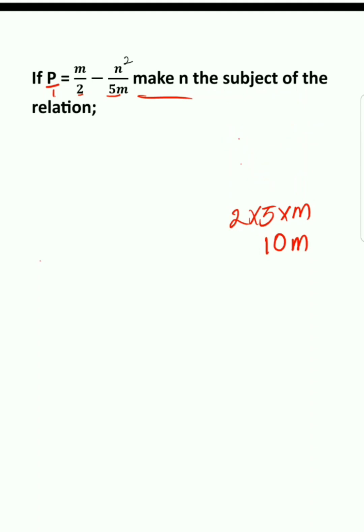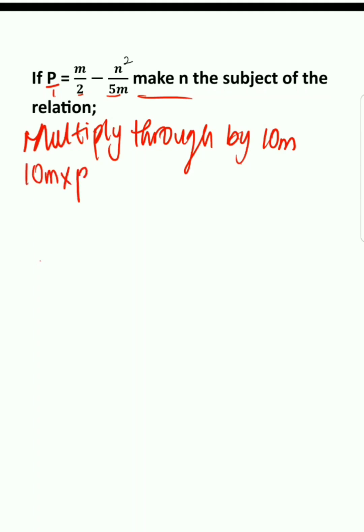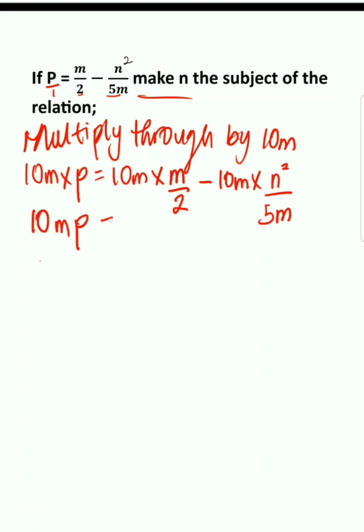So in order to clear the fraction, we multiply through by the LCM of the denominators. So we write multiply through by 10m. So 10m times p equals 10m times m over 2 minus 10m times n squared divided by 5m. 10m times p, that is 10mp, equals, 2 in 10, that's 5.